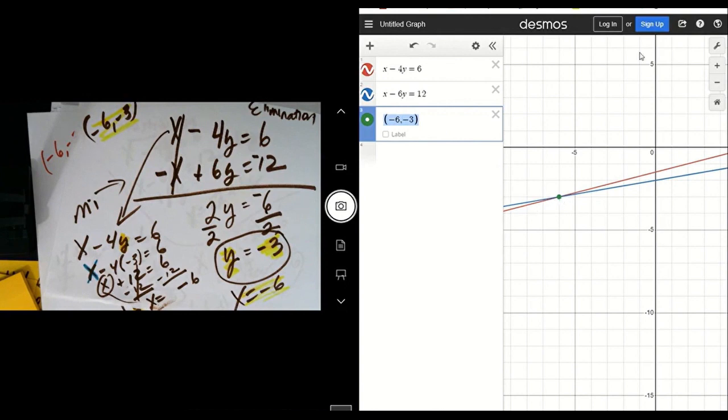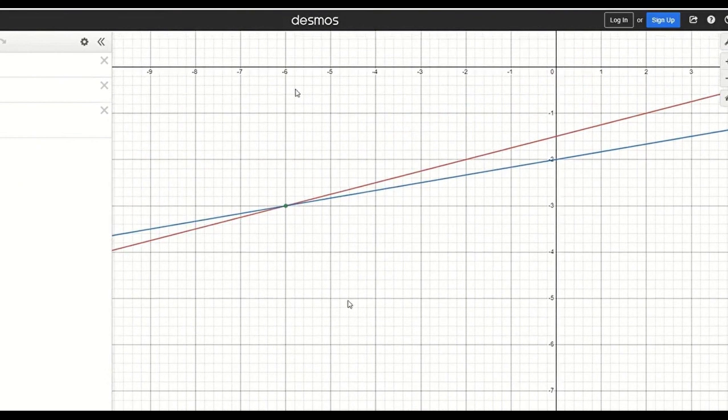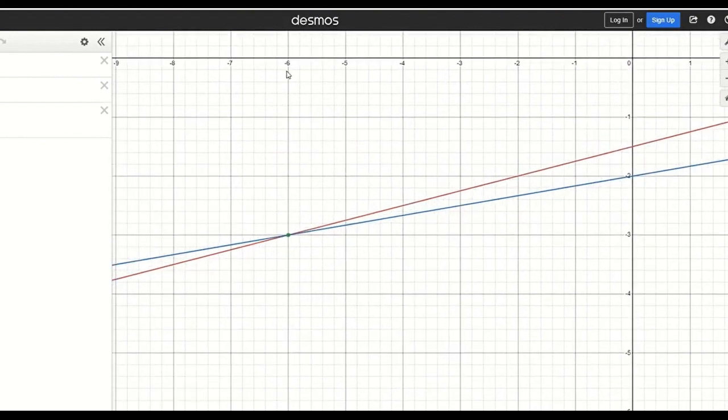Now, just so you know, I can make this bigger so we can see it. It's going to mess up my calculator. And you just got to see this. See way up here? That's negative 6. A little hard to see. There it is, negative 6. If we drop straight down, it's to negative 3.